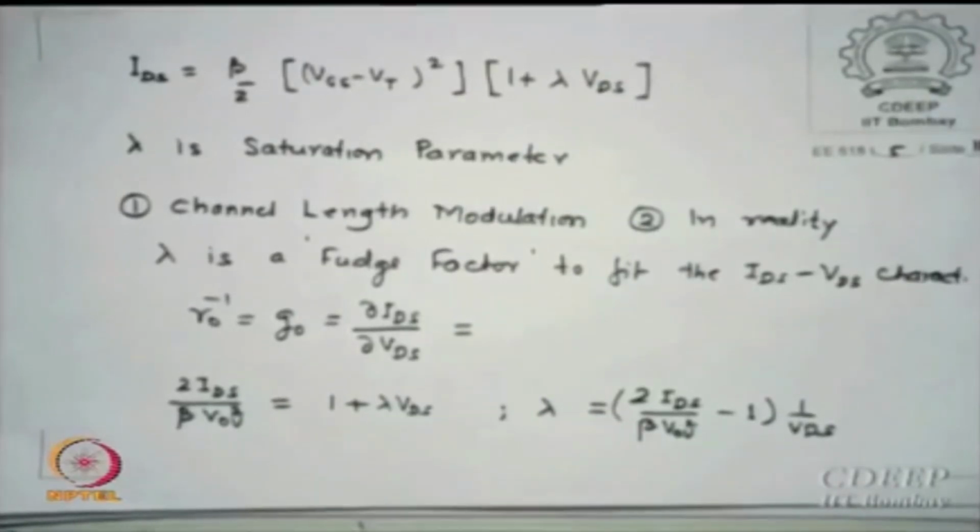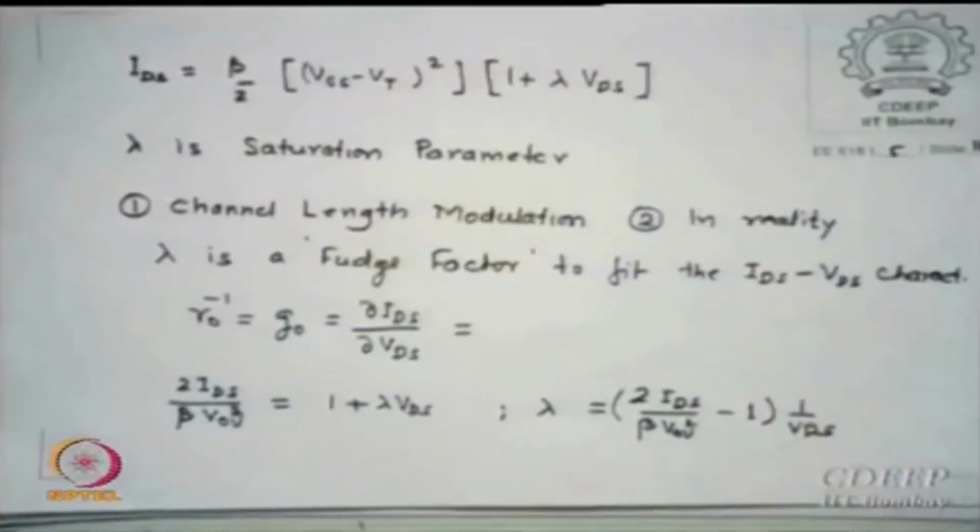In real life, having found the IDS VDS characteristics for different VGS at bias points, I will actually fit a curve there and get R0 there, and that is the end of it. Whether it fits into my physics or not, irrespective, that value is available to me and I will use that. Therefore, it is some kind of fit function which I am going to use in real life. So please remember the theory etc.